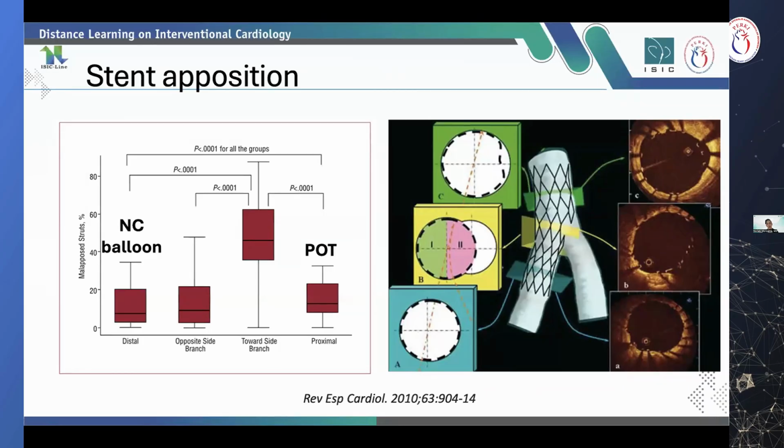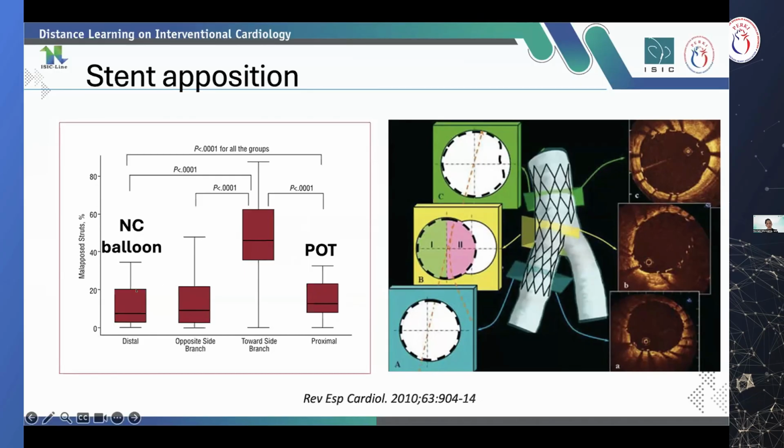So we need to check the stent position by using coronary imaging, especially OCT. I think OCT is the best to validate the exact stent position. This data clearly shows where the risk of stent malposition is.